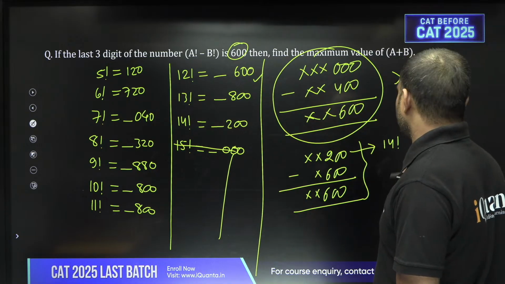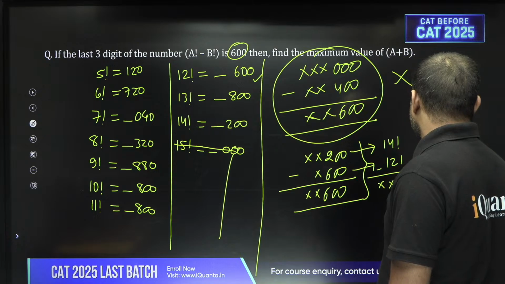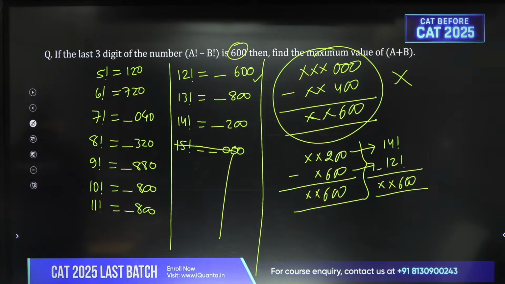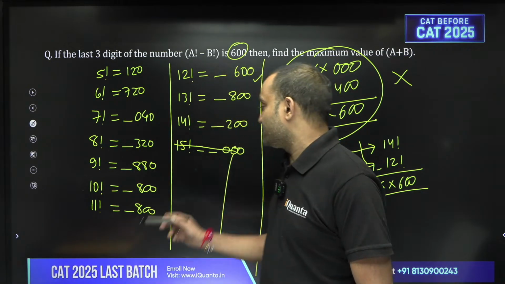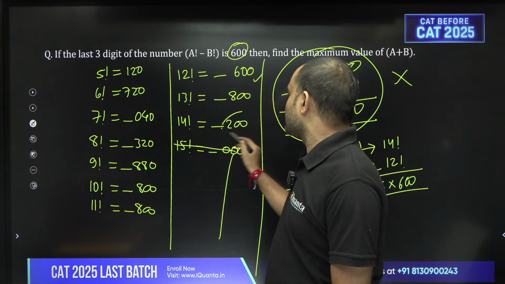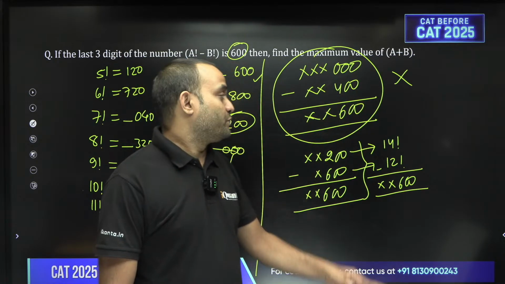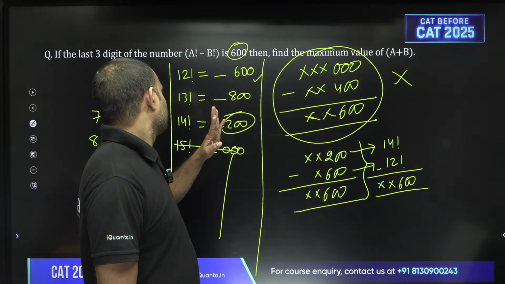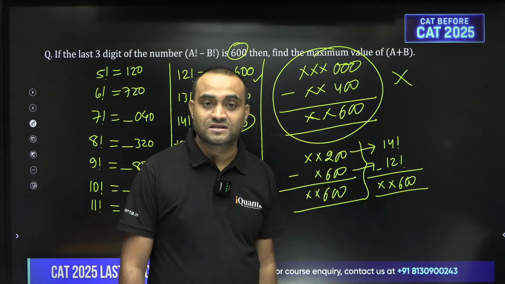So we take this as 12 factorial, and if you subtract, the last 3 digits will be 600. We don't need to take any value of A which is equal to or greater than 15, so I take maximum 14. Last 3 digits of 14 factorial is 200, so last 3 digits of B factorial should be 600. The maximum value of B we can take is 12 factorial. In fact, no other values are possible, right? So our answer is 600.